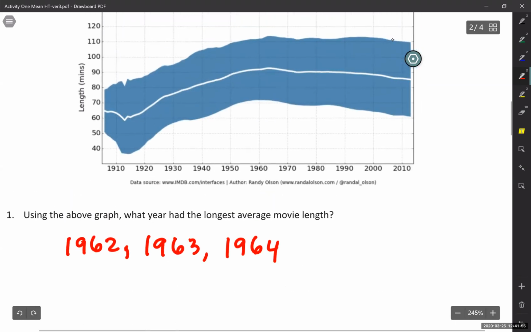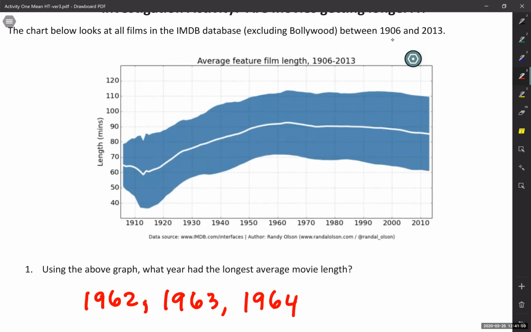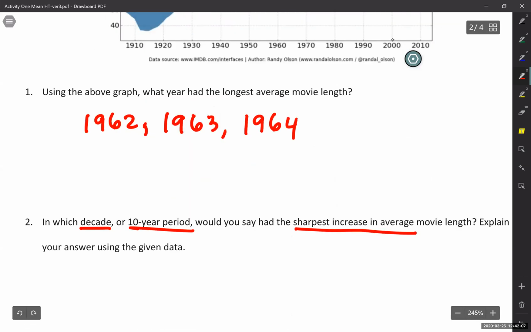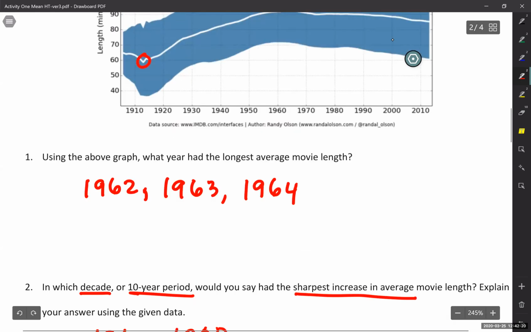Some people are going to look for the sharpest. We see this spike right here, that really sharp rise. So they'll say, okay, that was between 1910 and 1920. That is a perfectly acceptable answer. Then you would just say why you chose that. Maybe you say, because it had the sharpest spike in it.